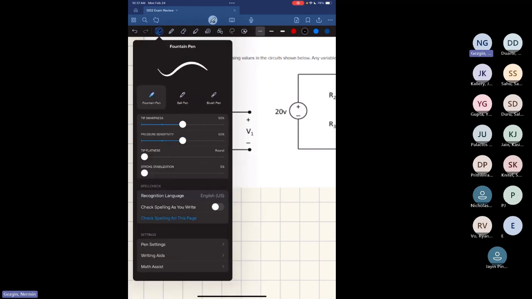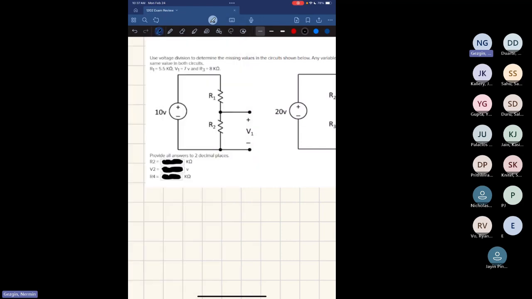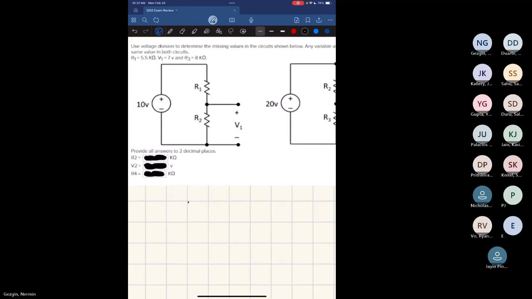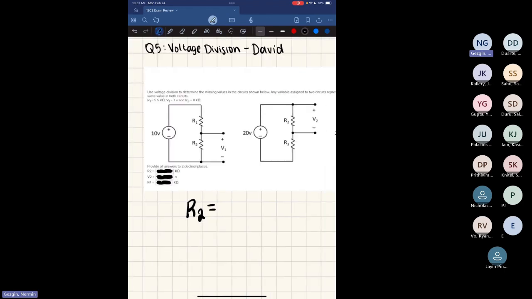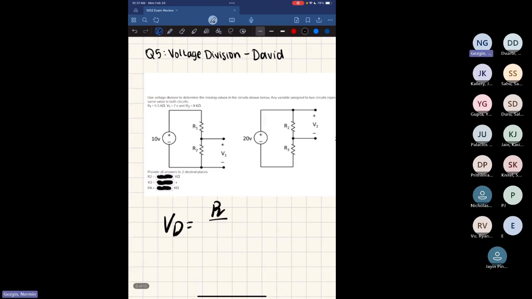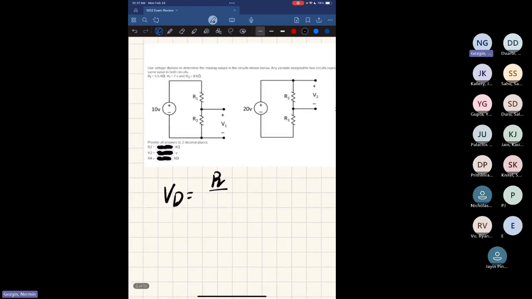Okay, for the voltage division, you have to find R2 first, which you can find based off of the VD formula.